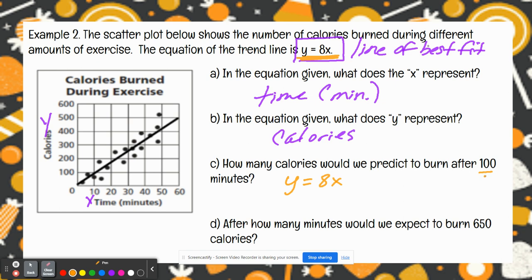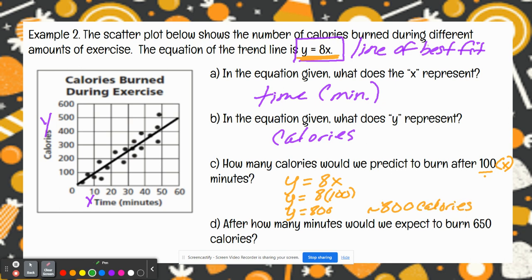Minutes is our x, so x is 100. We input 100 into x to find our output, or our dependent variable. So y equals 100 times 8, which is 800. My answer is about 800 calories.